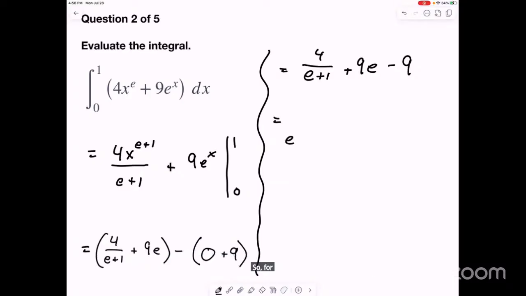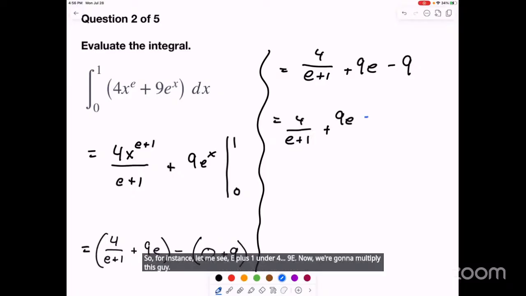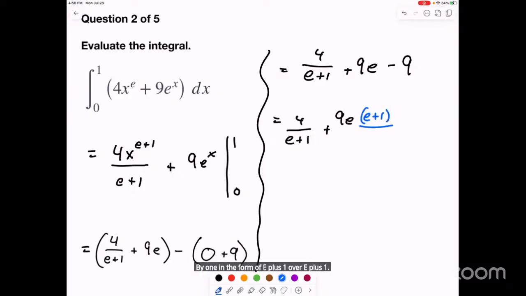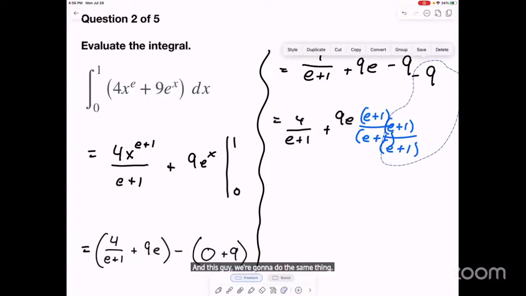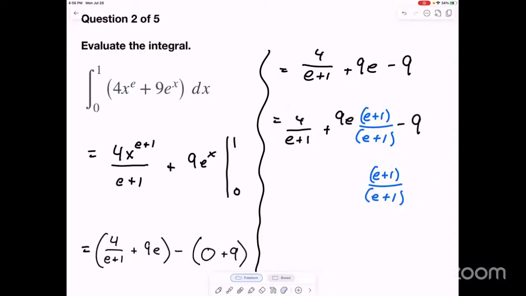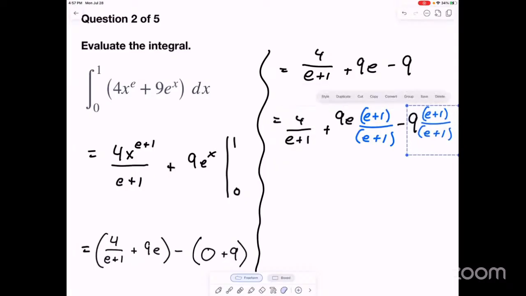So, for instance, let me see. e plus 1 under 4, 9e. Now we're going to multiply this by 1 in the form of e plus 1 over e plus 1. And this one, we're going to do the same thing. Okay, I'm just curious to see what happens here.